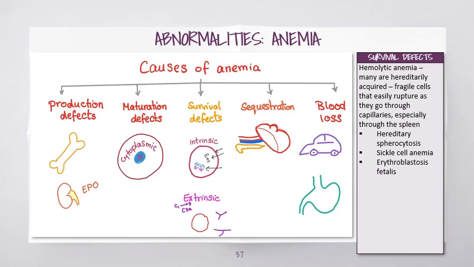And this one, an extrinsic cause of decreased survival defects. This diagram actually shows autoimmune diseases wherein an antibody or a complement attaches to the RBC that will cause it to lyse or to be destroyed.